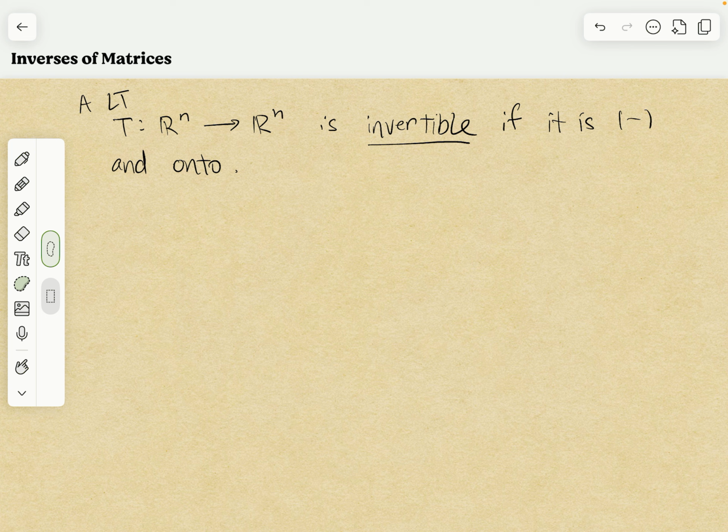It means that whenever I have AX equals B, no matter what B is, AX equals B has at least one solution, and that's a way of phrasing that T is onto. T hits every possible output B, obtained by some input. And if you have a function T that's one-to-one and onto, it has an inverse.